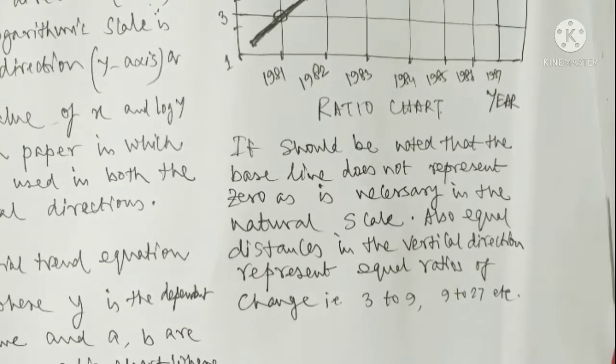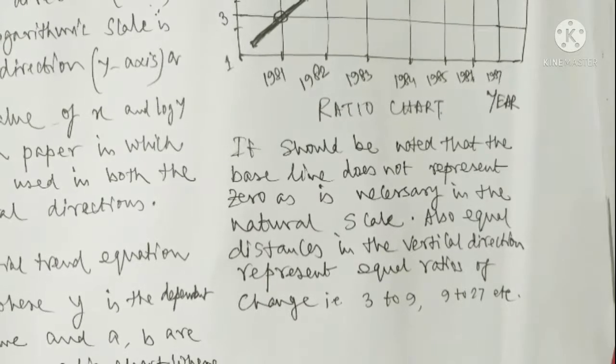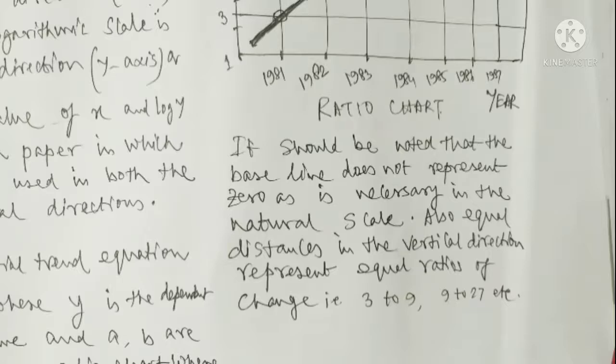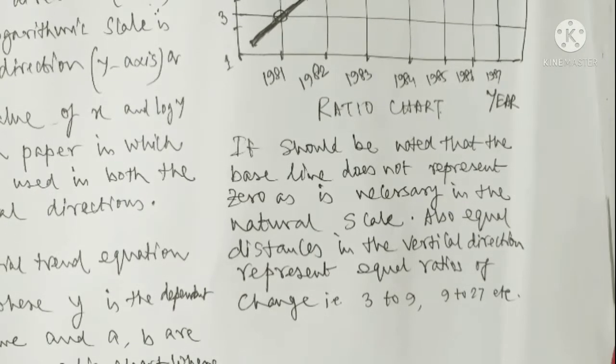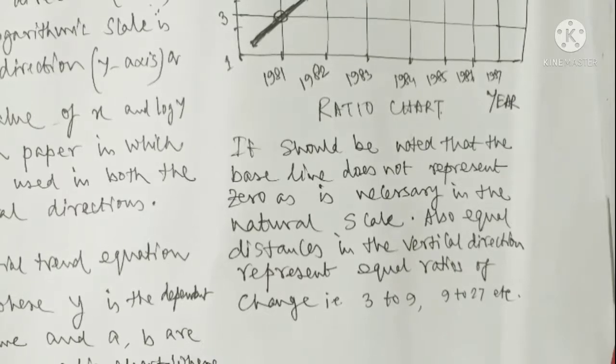Number 1, a ratio chart is to be used when the diagram is to show the relative changes in the variable rather than the absolute magnitude of change. Number 2, to compare the relative growth or decline of 2 or more series, we may draw the ratio chart for the series and compare the slopes of the charts. Another advantage is that a ratio chart is also useful for representing a time series with widely varying values.